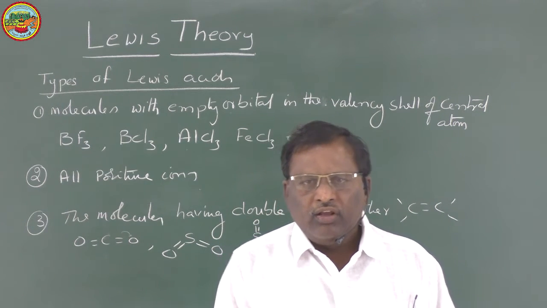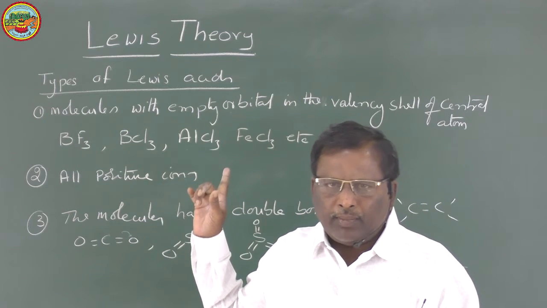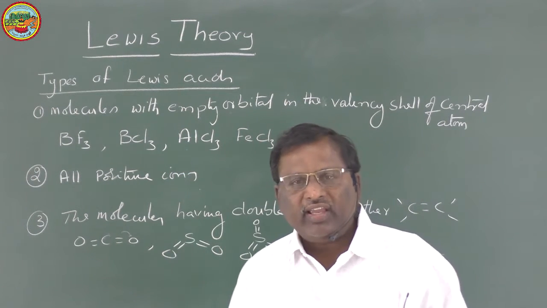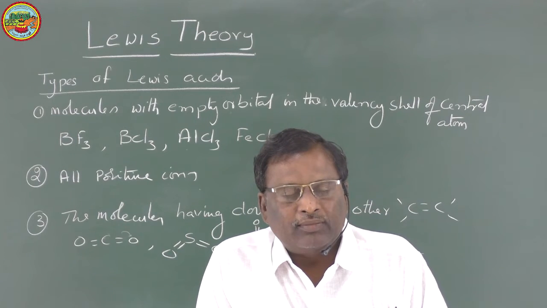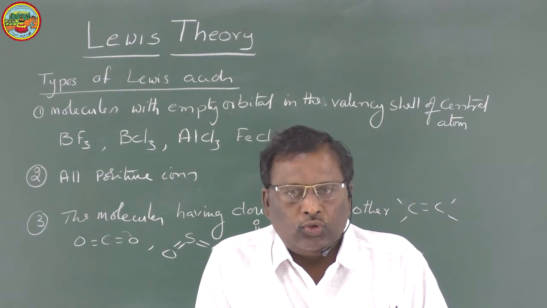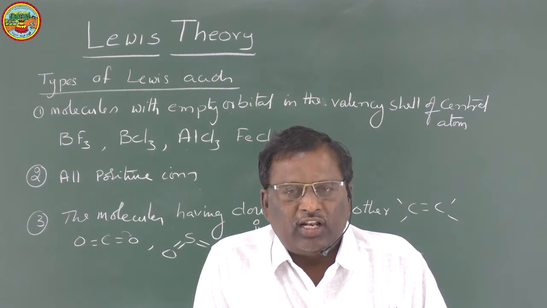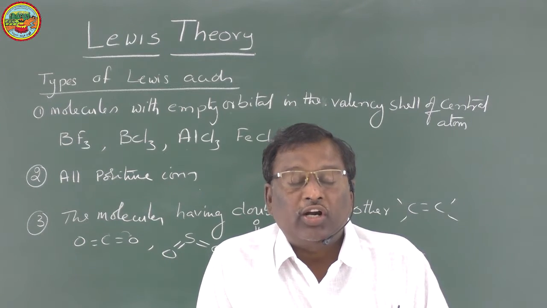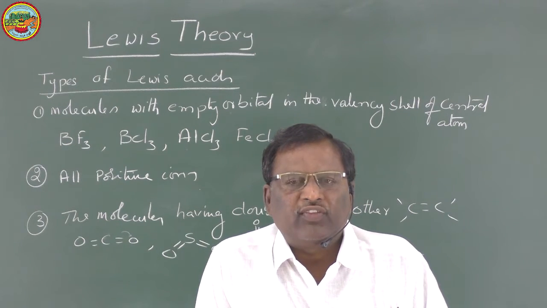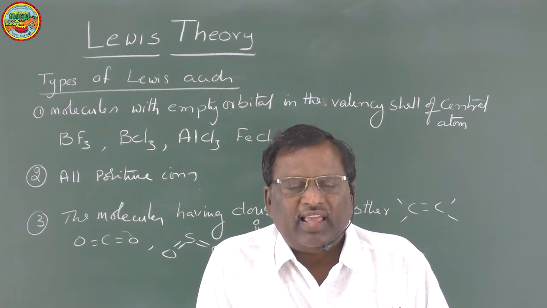First category, the molecules which are having empty orbitals in the valence shell of their central atom are considered as Lewis acids. That means electron deficient compounds. All electron deficient compounds are Lewis acids.